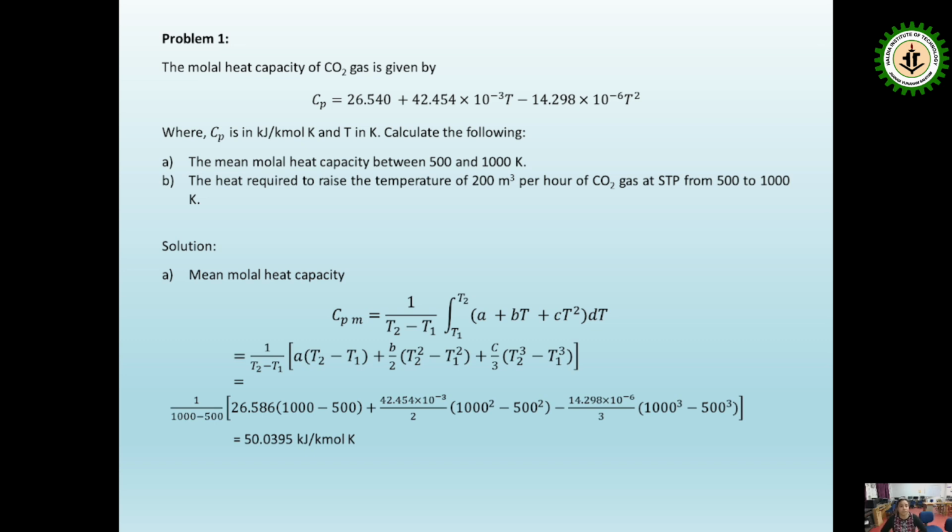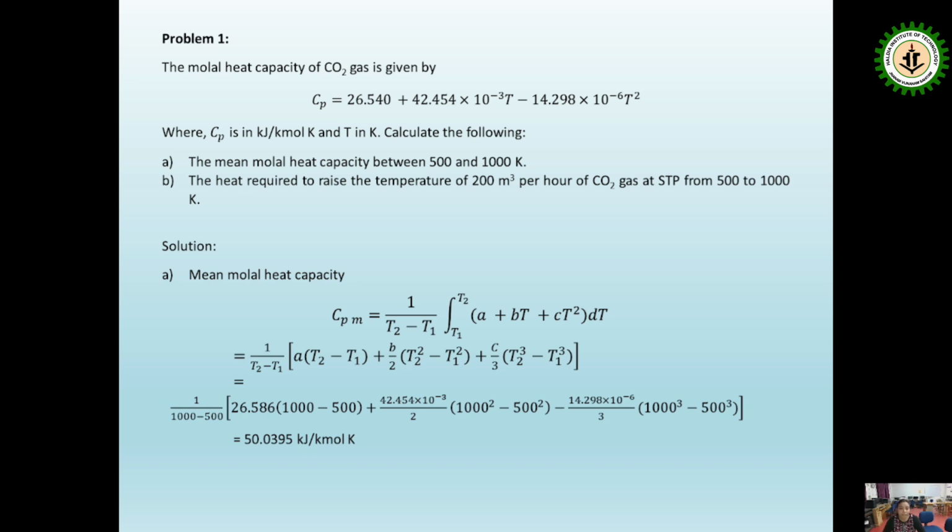Now the solution is, first you have to find out the mean molar heat capacity. So we will apply the equation mean heat capacity CPM equal to 1 by T2 minus T1 integration T1 to T2 of A plus BT plus CT square whole dt.